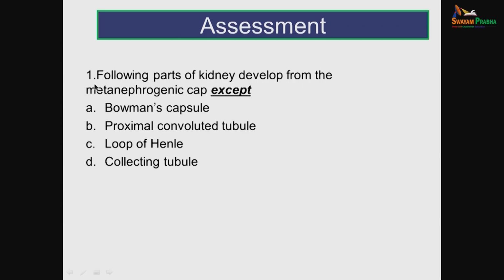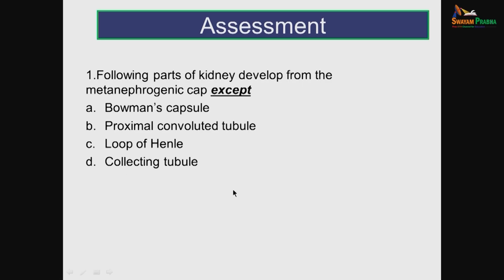So, first question is: the following parts of the kidney develop from the metanephric blastema or metanephrogenic cap, except. The choices are A. Bowman's capsule, B. Proximal convoluted tubule, C. Loop of Henle, D. Collecting tubule.